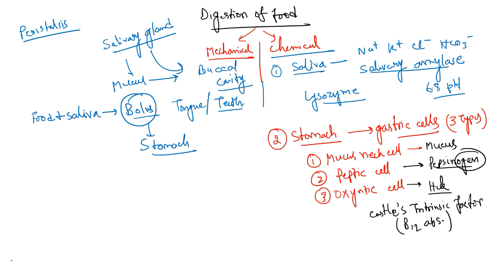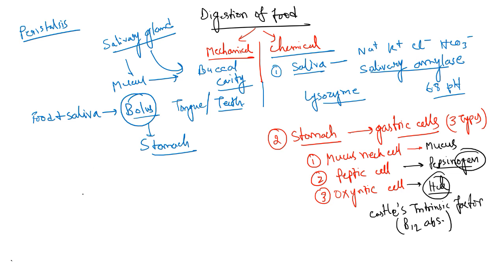Now, why is this HCl needed? Pepsin activity is proper in the presence of an acidic environment. So HCl secretion is there, and generally it makes the environment of the stomach much more acidic.